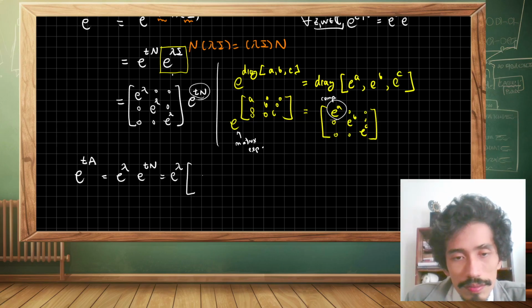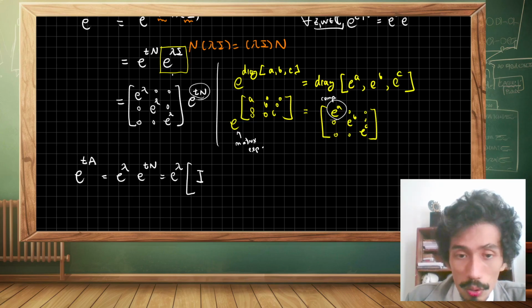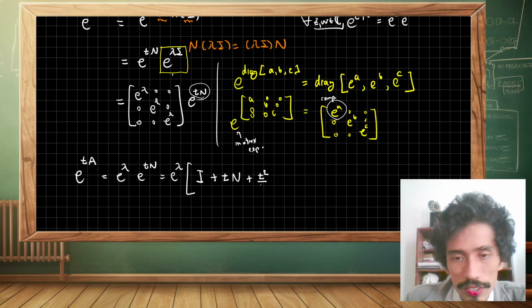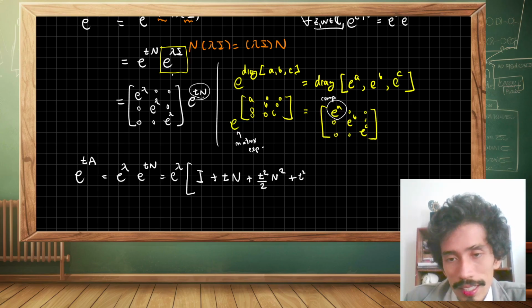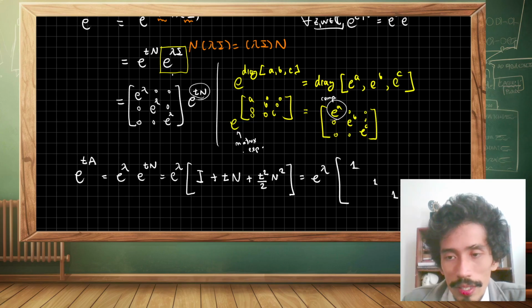So this is equal to e to the lambda t times the first term of the series, which is always the identity matrix, plus tN plus t squared divided by 2 N squared, plus, and the following will be equal to 0, right? And the following also will be equal to 0, so we stop here. And this will be equal to, you know that the identity is 1, 1, 1.